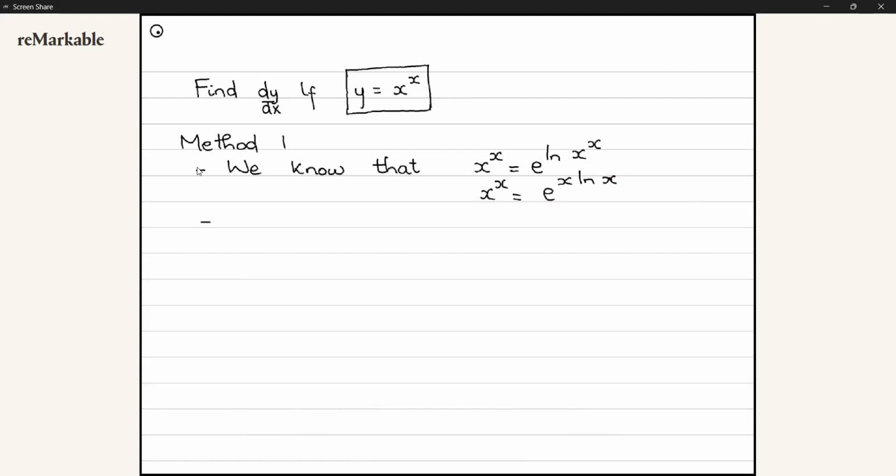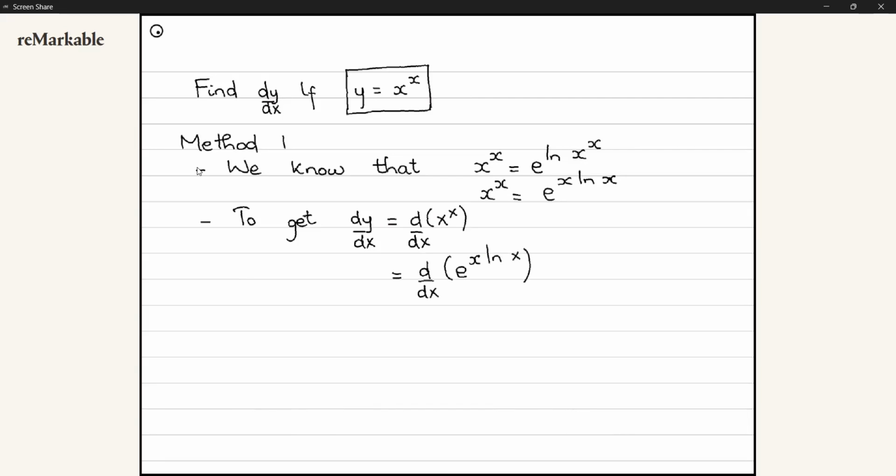So if I want to get dy dx, which happens to be the derivative of x to the power x with respect to x, then I'll just be differentiating the function e to the power x natural log of x.